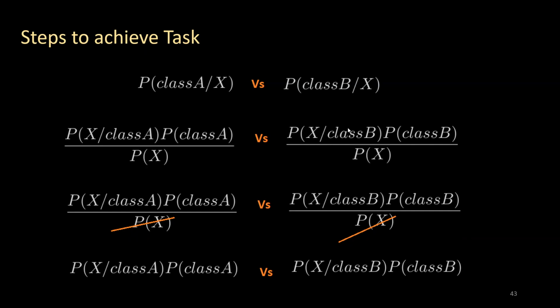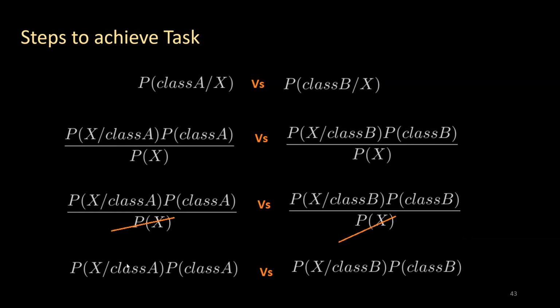Similarly, for class B, using Bayes theorem, we have the probability of X given class B, the prior probability of class B, and the evidence of X. So this is the complete equation for this term, and this is the complete equation for that term according to Bayes theorem. Now we can cancel this term because it is common to both expressions.